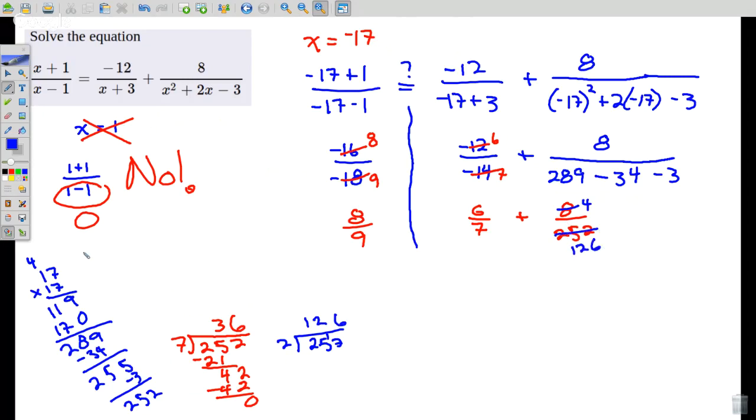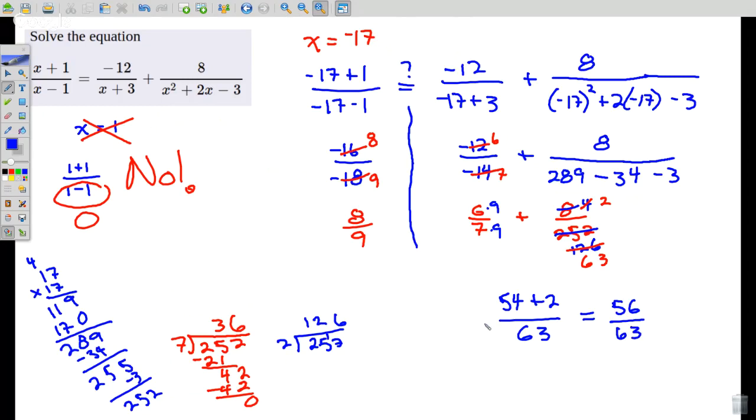Ooh, it's still even, so I can reduce again. 2 goes into 4 twice, 2 goes into 126 63 times. All right, better. 7 goes into 63 9 times. That means I have to multiply by 9, top and bottom here. 6 times 9 is 54, plus 2 over 63 is equal to what, 56 over 63?